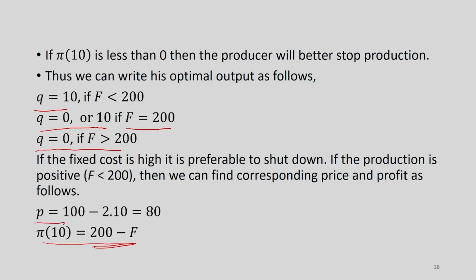Price will be just plugging in q is equal to 10 in the inverse demand function. So, this comes out to be 100 minus 2 multiplied by 10. So, this is 80. This is the optimal price, and as we have seen earlier, the maximized profit is 200 minus f.